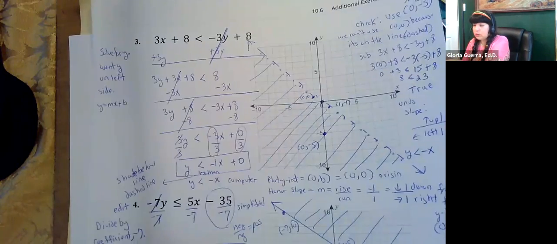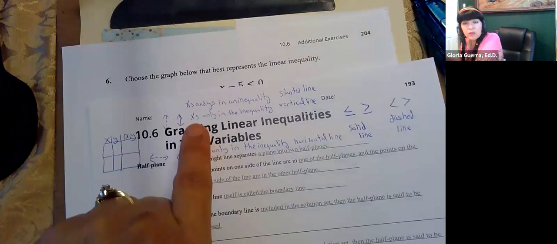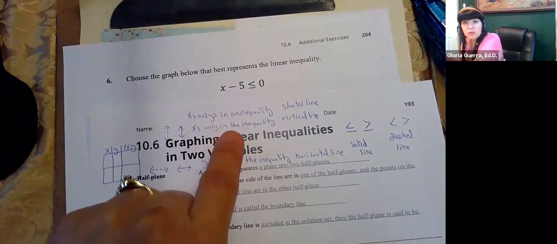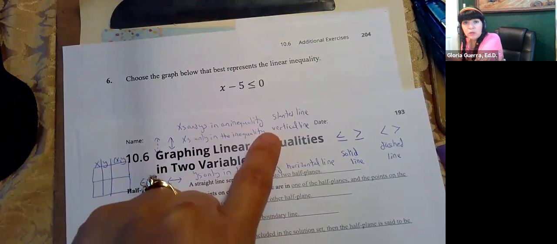When you have inequalities that have x's and y's, they're going to get slanted lines. But when you have inequalities that have only x's or only y's, you're going to have vertical or horizontal lines. And in our notes, we said that if you have an x's only inequality, we're going to get a vertical line.